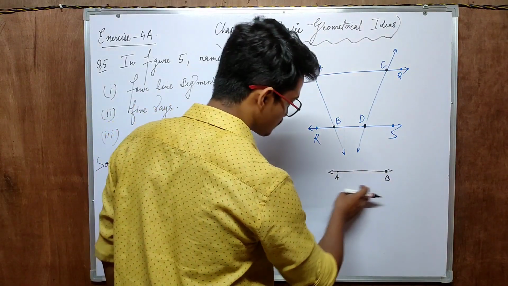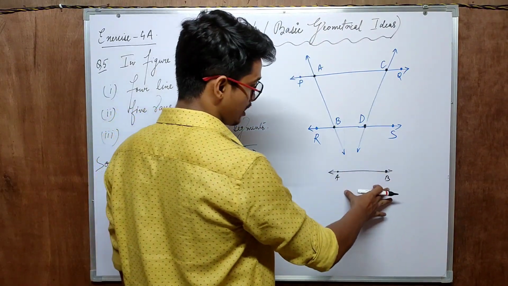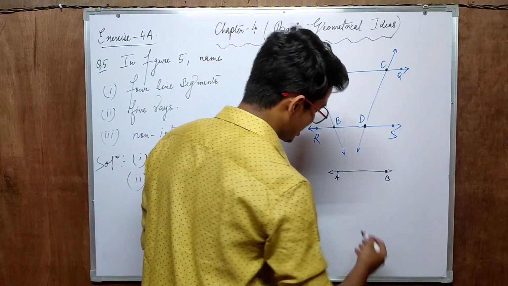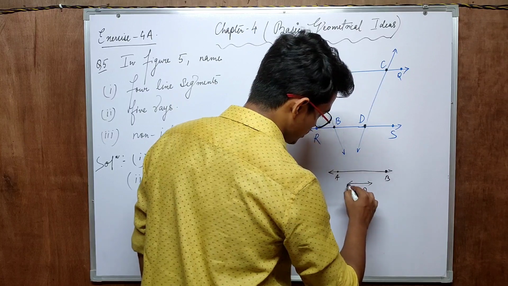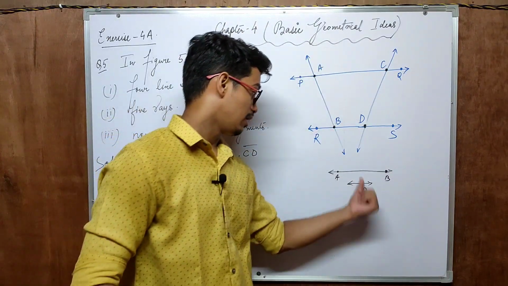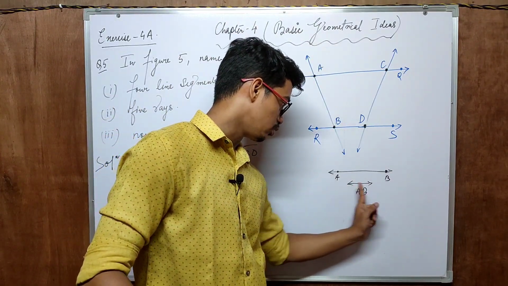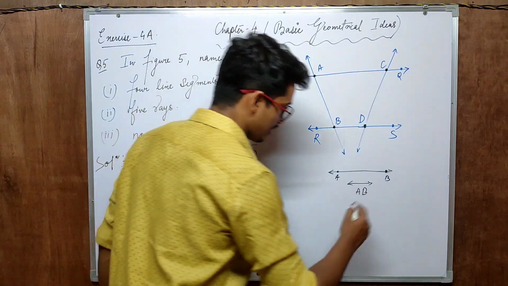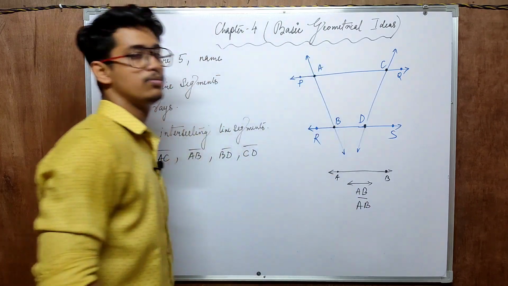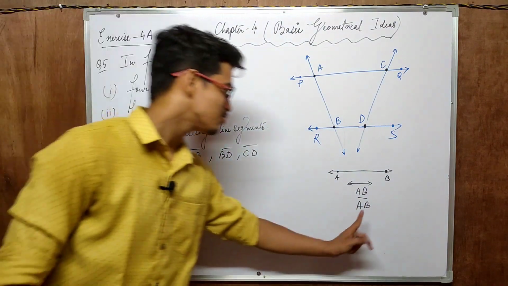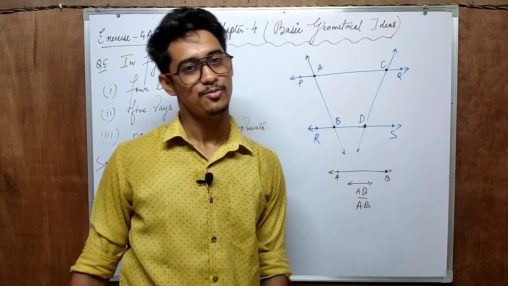So if I want to write down what exactly AB is, AB could be a line if I put one mark above it like that, and AB could be a line segment also if I put this particular mark.